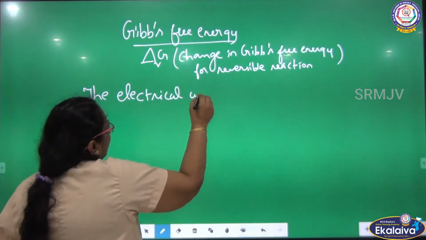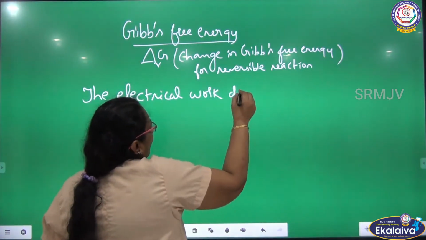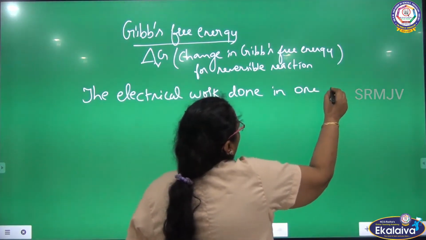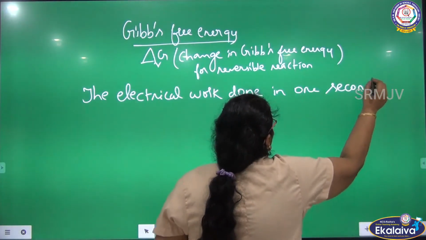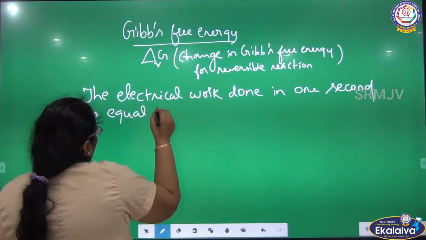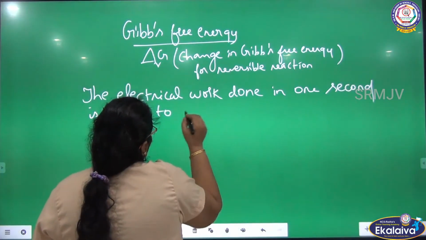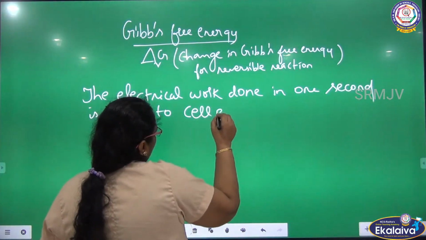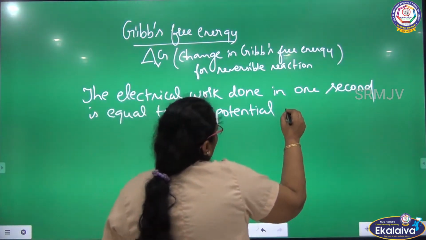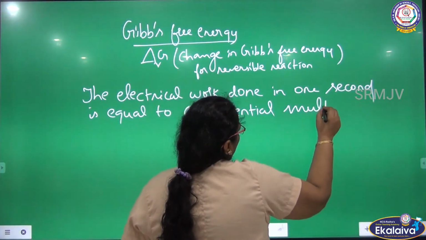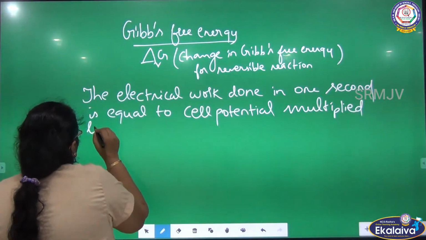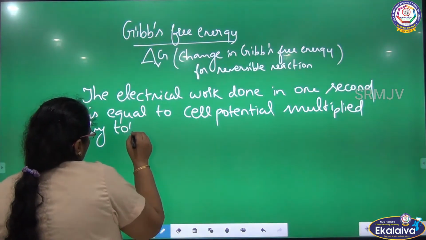Electrical work done in 1 second is equal to the electric potential, which is the cell potential, multiplied by the total charge passed through.